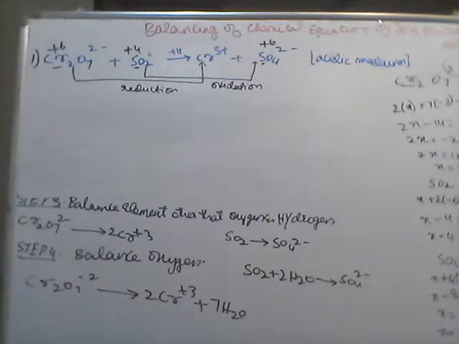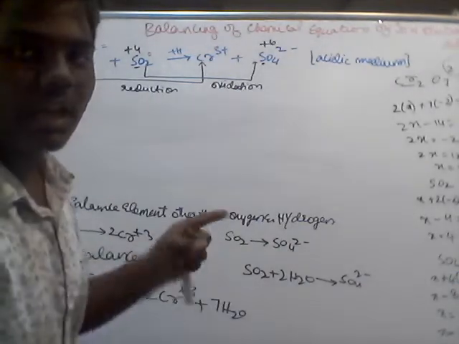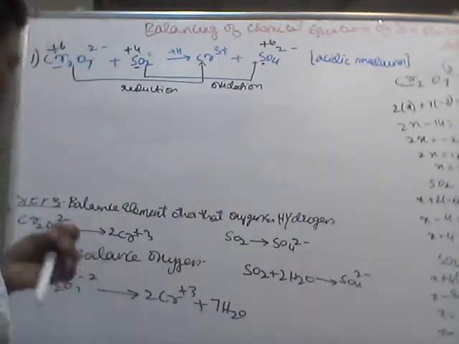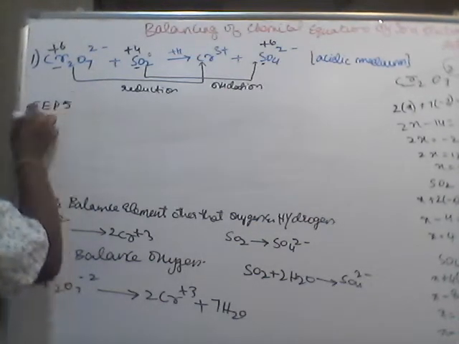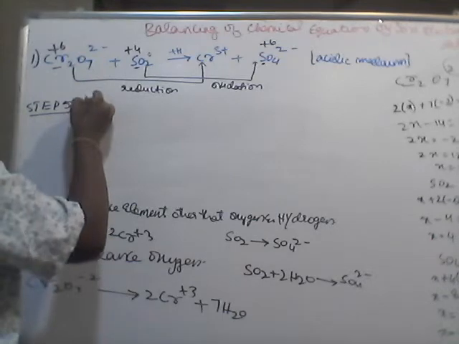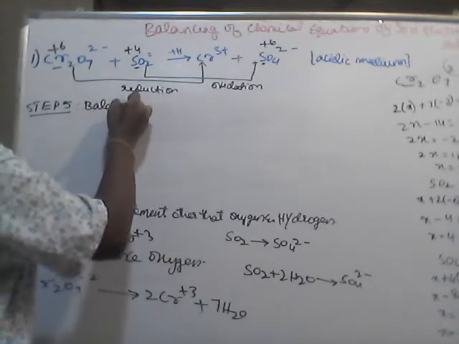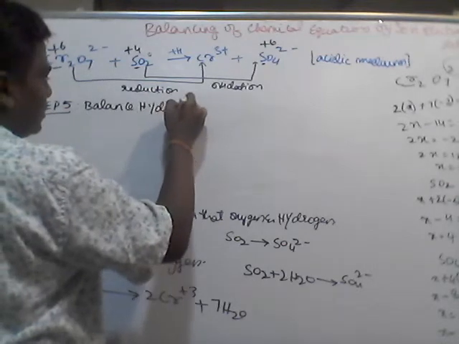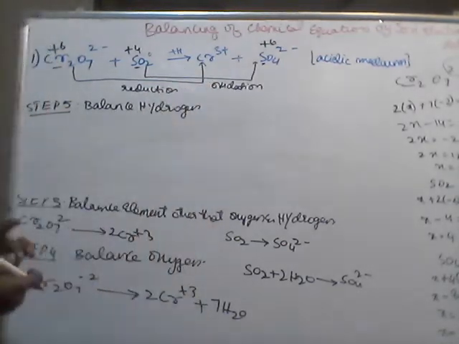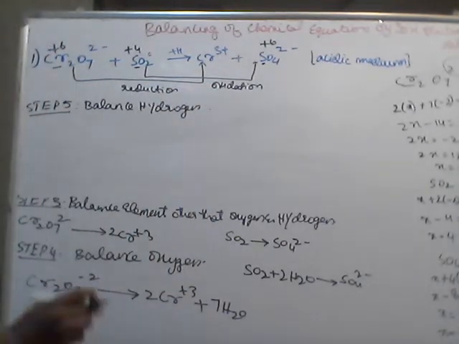We have balanced elements other than hydrogen and oxygen. We have balanced oxygen. Now step 5 is balance hydrogen. How to balance hydrogen?